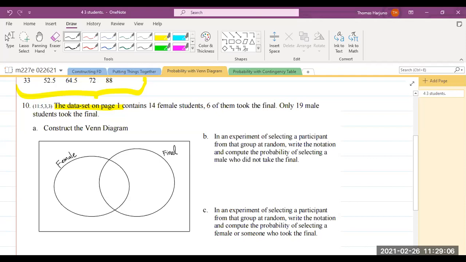According to this passage, there are 14 female students among the 43. Of these 14 female students, 6 of them took final. So female and final is the number of female students taking final.